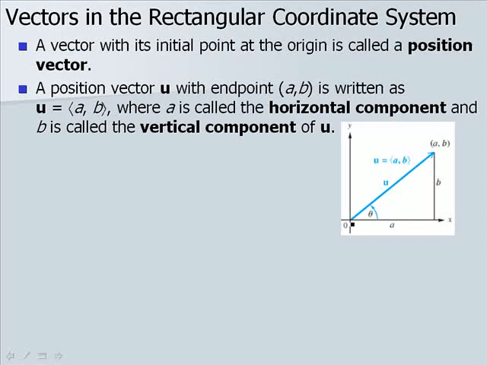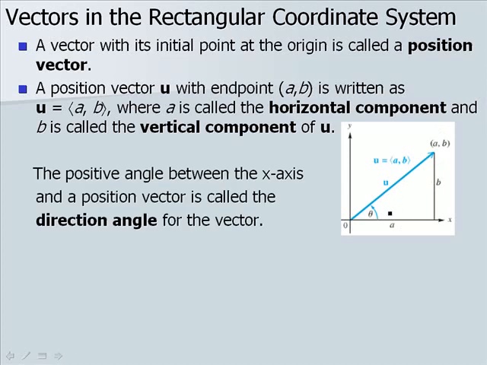And here we see our vector u with our endpoint AB, and A being the horizontal component, B being the vertical component. The positive angle, theta here, between the x-axis and a position vector is called the direction angle for our vector.